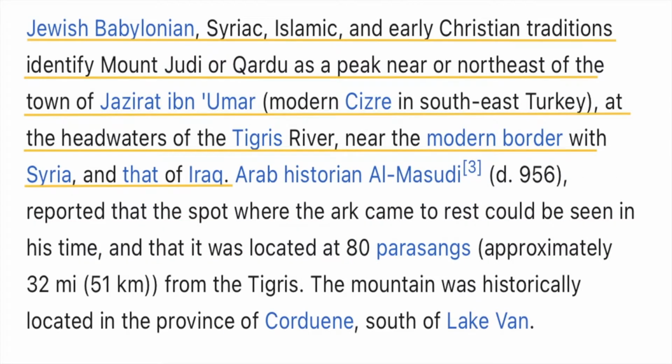Jewish, Babylonian, Syriac, Islamic, and early Christian traditions identify Mount Judi or Kudi as a peak near or northeast of the town of Jazirat ibn Umar, at the headwaters of the Tigris River near the modern border of Syria and Iraq.